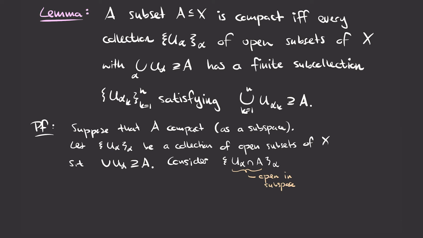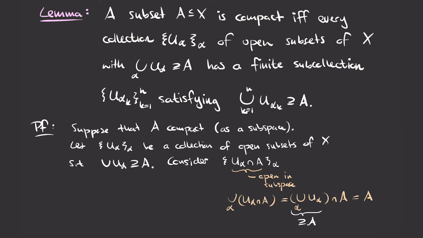So we need to show that the union over these U alpha intersect A, so each of these sets over all alpha, that this is equal to A. Now by the distributive property of unions over intersections, this is the same thing as the union over all alpha of U alpha, and this entire thing intersected with the set A. All right, but now we know by assumption that this big union here contains A. And therefore, if we intersect it with A, what we get back is A itself.